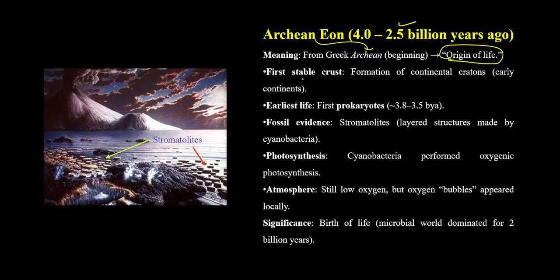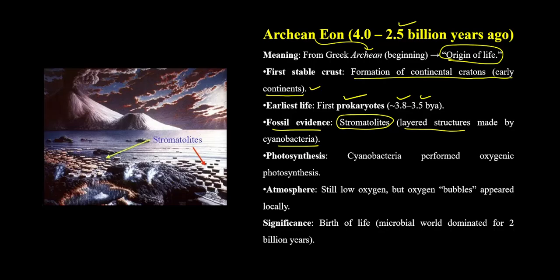In this time period there was the formation of continental cratons, or early continents, and the first prokaryotes also appeared in this time scale around 3.8 to 3.5 billion years ago.